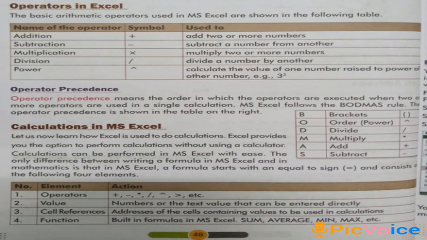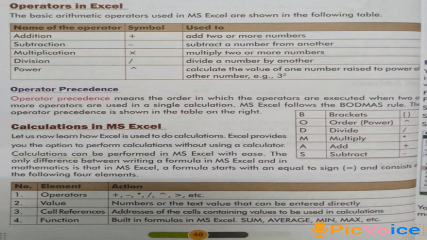Page number 48. Operators in Excel. The basic arithmetic operators used in MS Excel are shown in the following table. Name of the operator, symbol used, and purpose. Addition: add two or more numbers.